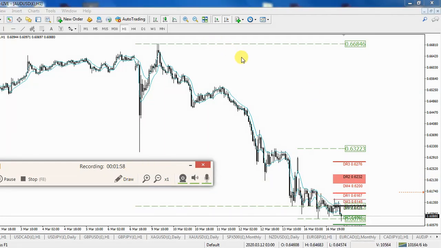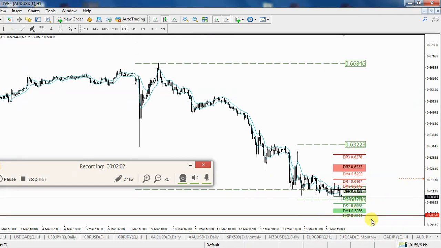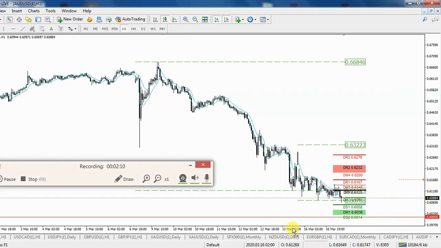For the targets, I'm looking down to about the 6000 zone, which is also a nice round number. And of course there is another reason, which is that this is also a monthly spike low.